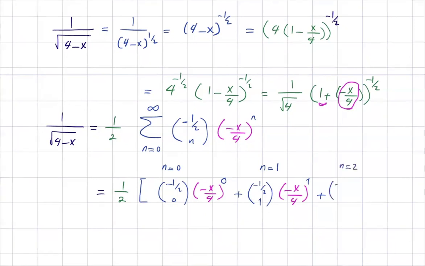N is equal to 2, negative a half, choose 2 and negative x over 4 to power 2, plus the rest of the terms.